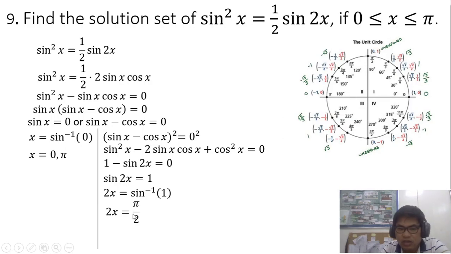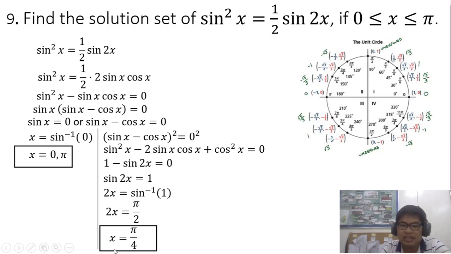So, x will become pi over 4 or 45 degrees. So, we have now these solutions. So, our solutions now are 0, pi and pi over 4, or you can write it in the solution set 0, pi over 4, and pi.